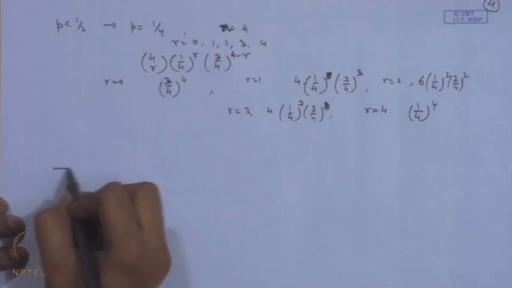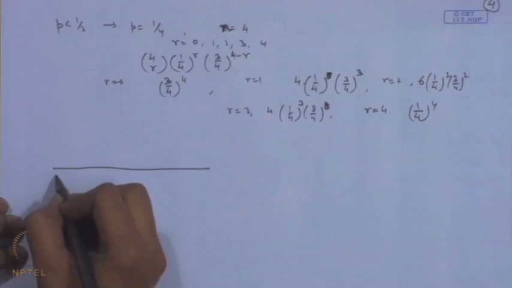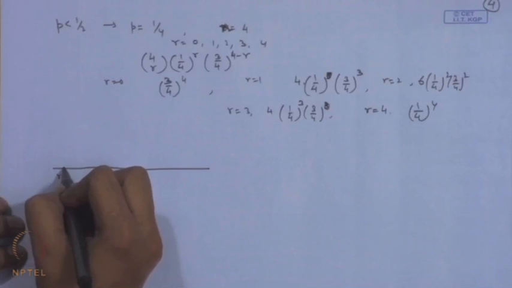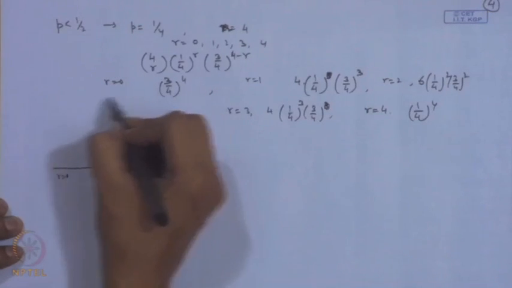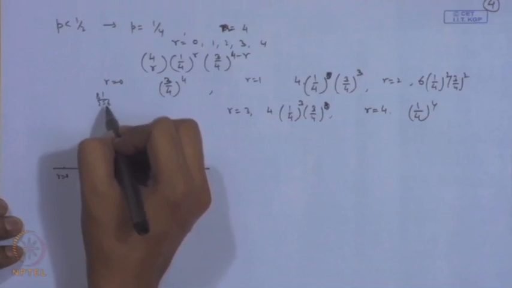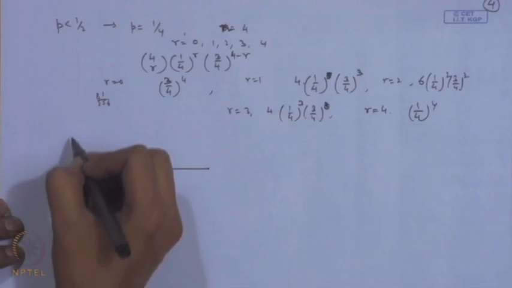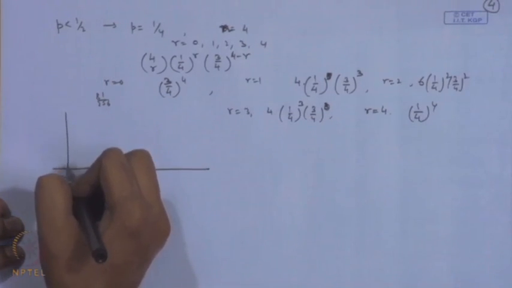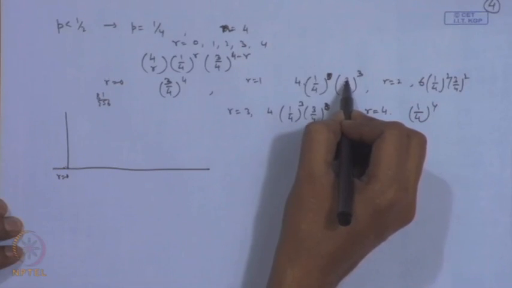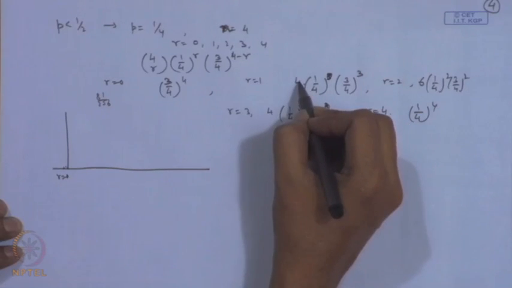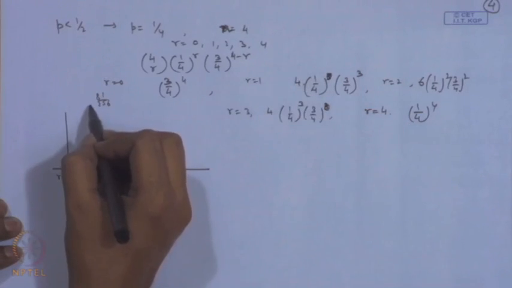So, if you plot these values here, r is equal to 0, you see this is 3 by 4 to the power 4, that is 81 by 256. So, somewhere here. Corresponding to r is equal to 1, you can see here the value is now 3 cube, that is 27 into 4, that is 108 by 256.